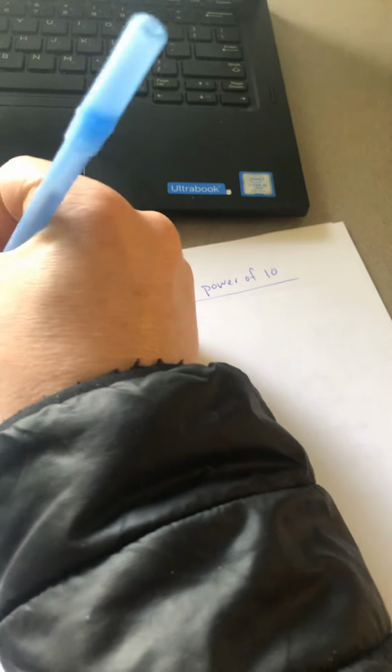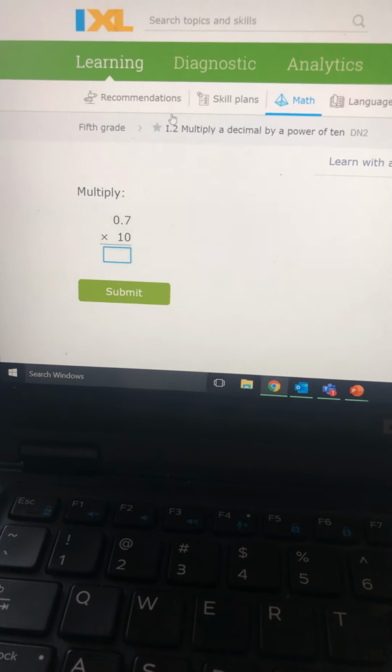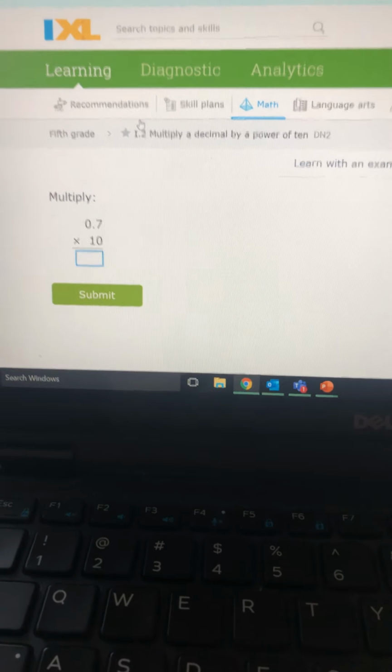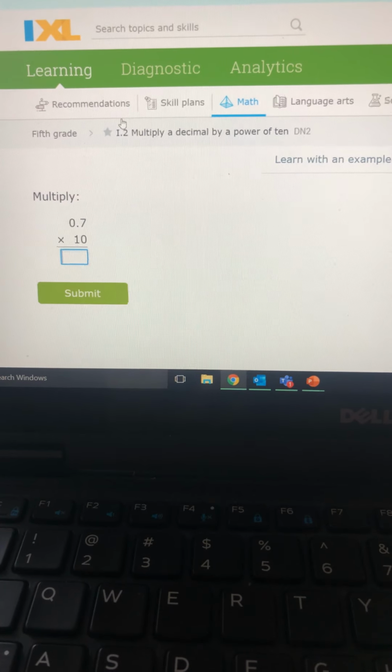Okay, once you get the hang of this, it really starts to kick in. This is exercise 1.2. All right, so to start with, we have 0.7 times 10, 0.7 times 10.